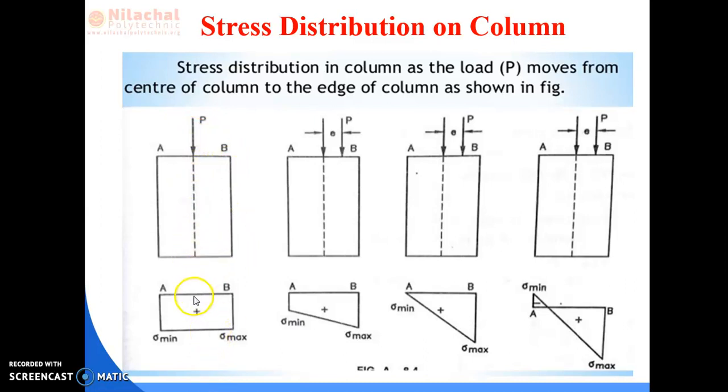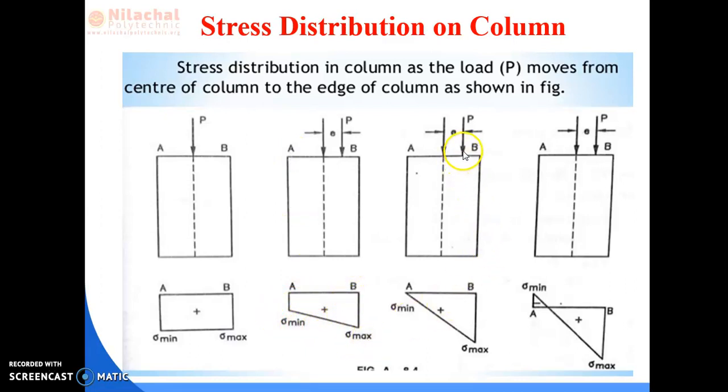The stress remains constant throughout the cross section from B to F. So we have maximum stress at B and minimum stress at E. While the load is applied eccentrically with value E, now the maximum stress will be along the right side and the minimum stress along the A side. Now A will be sigma min and B will be sigma max.